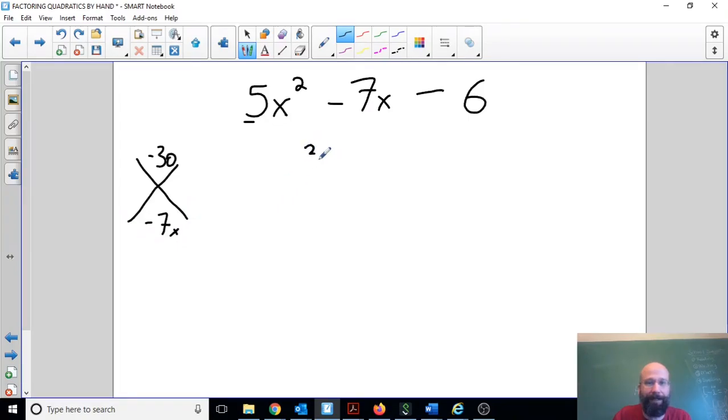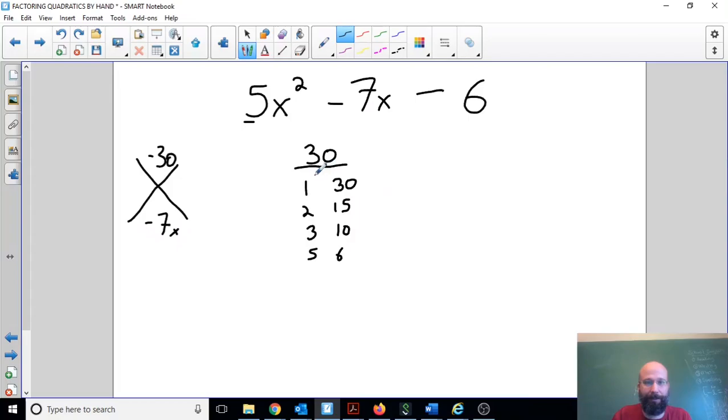So let's find our factors of 30. 1 and 30, 2 and 15, 3 and 10, 5 and 6. So these are numbers that multiply to 30, negative, and we need to find which ones add to negative 7. So we know because this number is negative, our bigger number has to be negative.